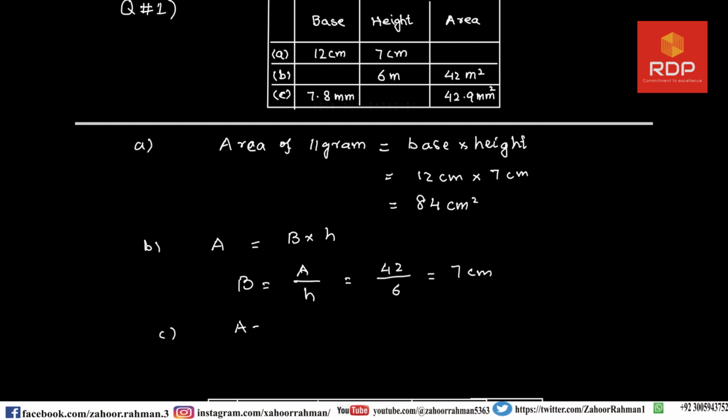Now in the third part they gave us two other values of variables, and we have to find the height. First we are writing the original formula, and then because we are finding the height, I have to make this H the subject, and then we will divide it by B, simply putting the values inside this, and that will be 42.9 millimeter square and 7.8 millimeter.